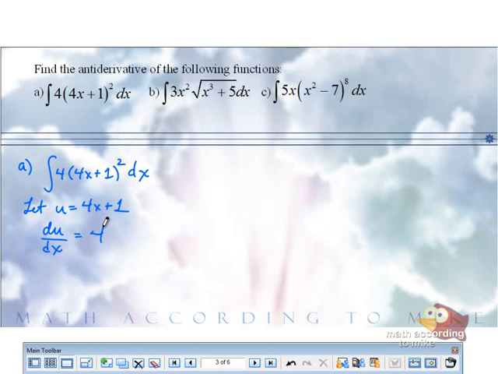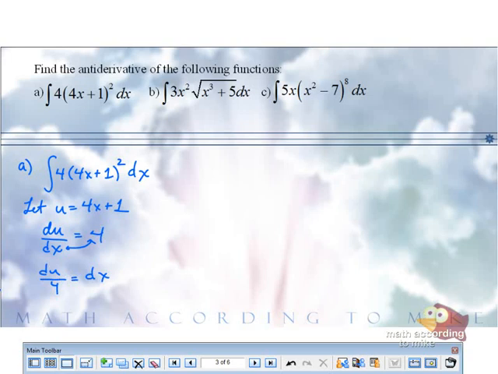Well, the fastest way to solve for dx is just switch these two. It'll always work. In other words, you'd multiply both sides by dx, and then you would divide by 4. Or you can do that in one line, and these two just switch. We're going to be doing that a lot in this section. So you would say du over 4 equals dx.